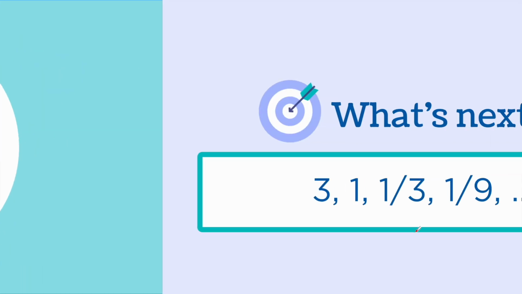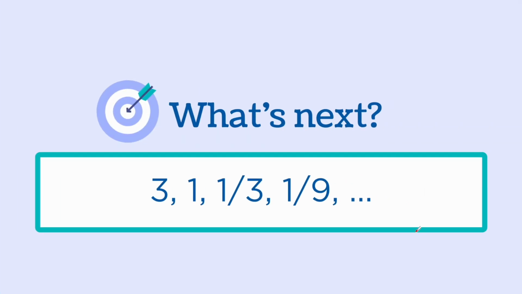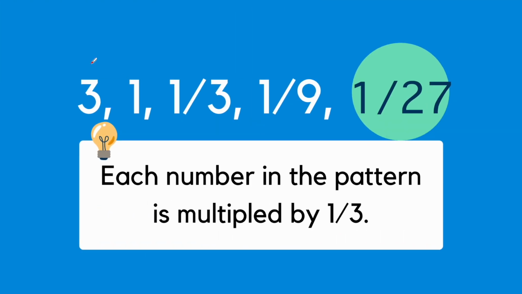Sometimes you are going to get a question like this. What is the next term? 3, 1, 1 by 3, 1 by 9. What is happening here? 3 multiplied by 1 by 3 gives you 1. 1 multiplied by 1 by 3 gives 1 by 3. Multiply this 1 by 3 with 1 by 3 again, and you get 1 by 9.